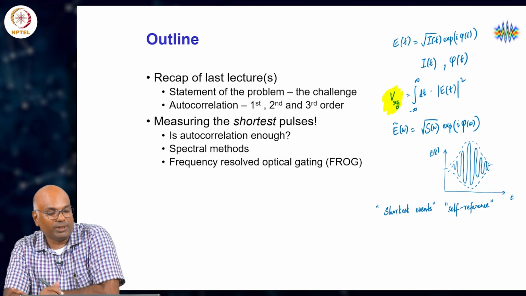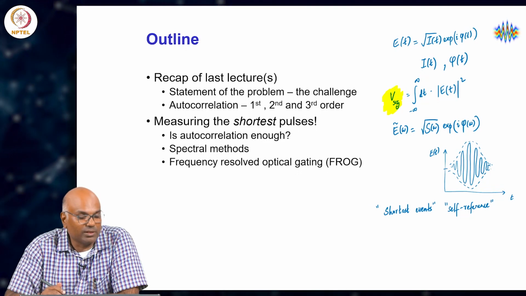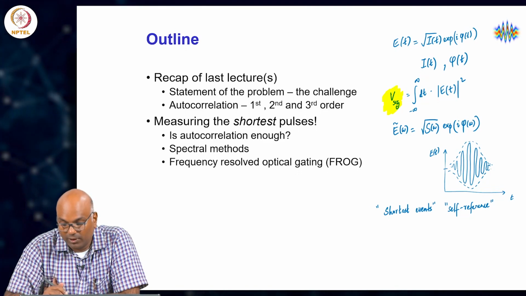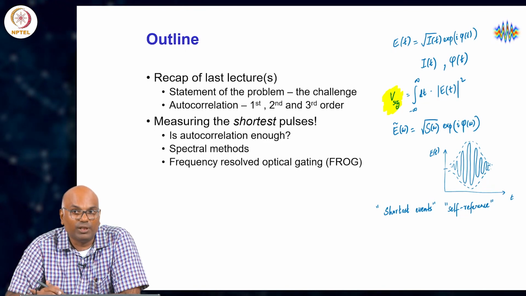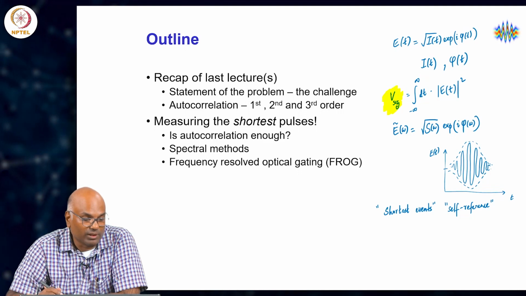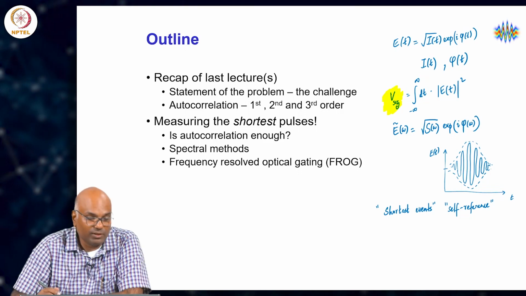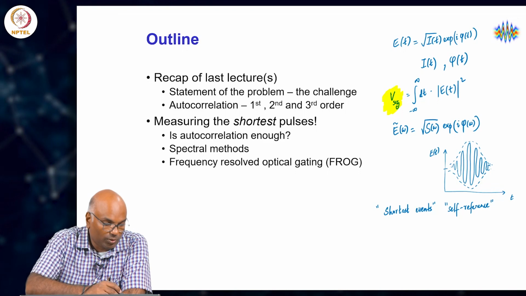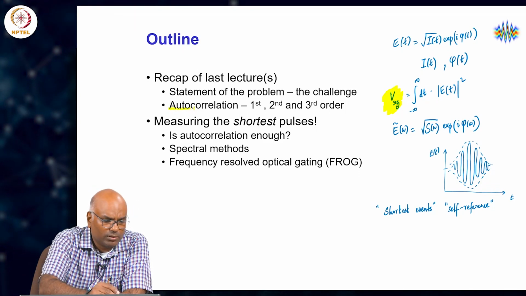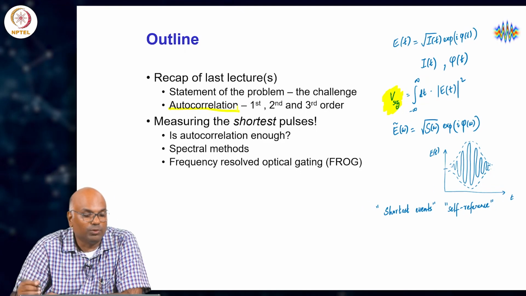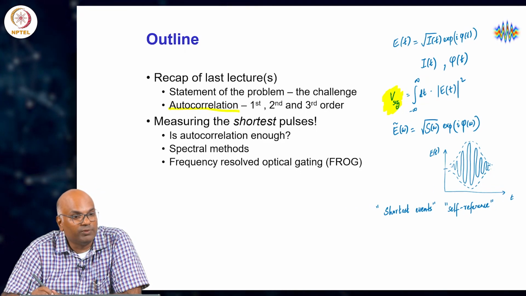We may sometimes, as we discussed at some point, have some kind of cross reference possible, but not always. In the most general scenario, we need to rely on self referencing, which led us to discussing autocorrelation as a possible solution to this problem of interest.